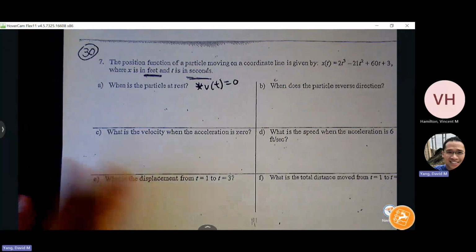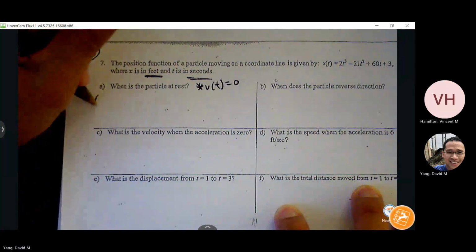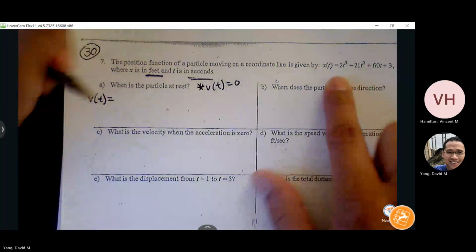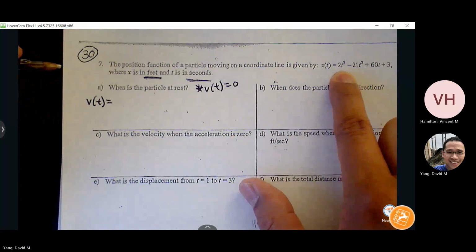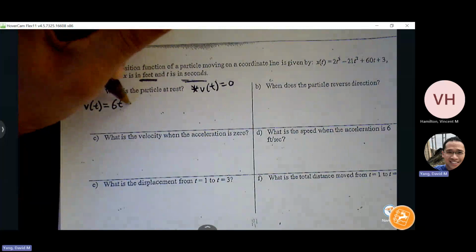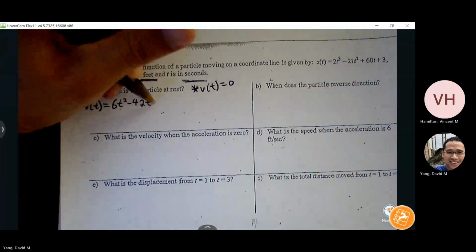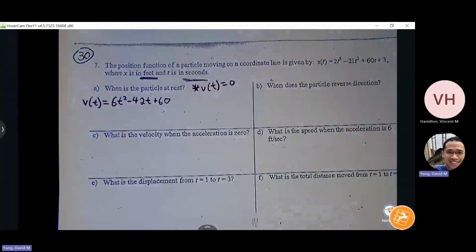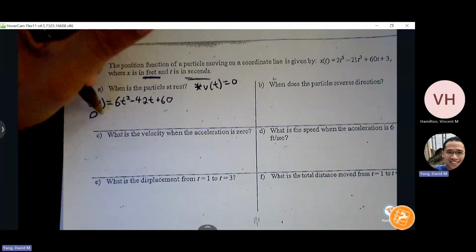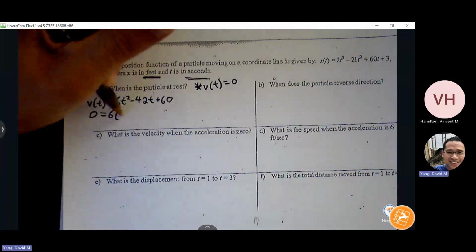So to get to velocity, okay, what's our derivative here? 6t squared minus 42t plus 60. Good. Linear goes to a constant. The 3 drops out, goes to 0. Okay, we can set equal to 0. I can do some factoring, right? Take out the 6.